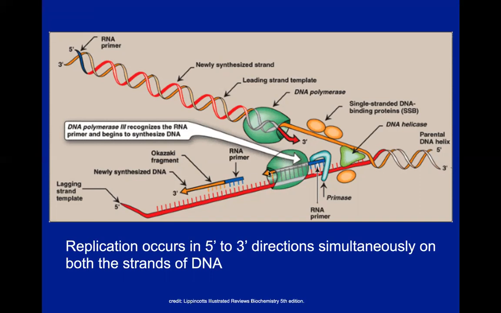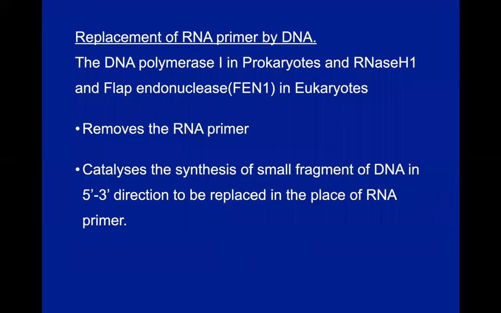In this lagging strand, these fragments are termed Okazaki fragments, and this primer is removed by DNA polymerase 1 and then nick sealing by DNA ligase. So replacement of RNA primer is by DNA polymerase 1 in prokaryotes; RNase H1 and flap endonuclease in eukaryotes remove the RNA primer, and then it is synthesized by DNA polymerase alpha.